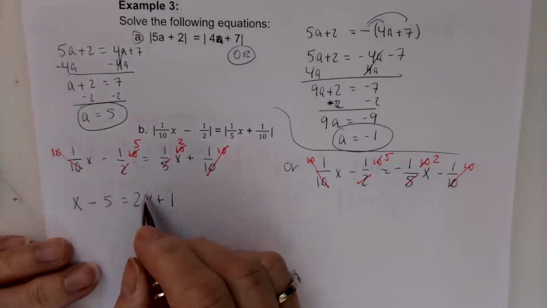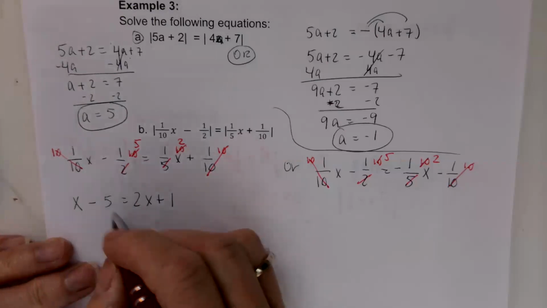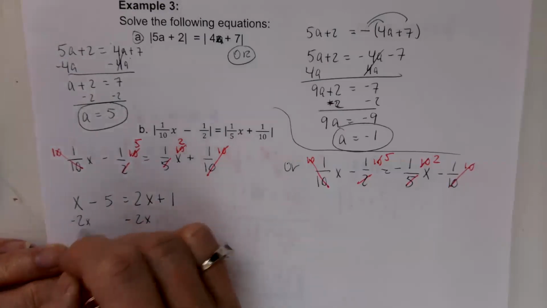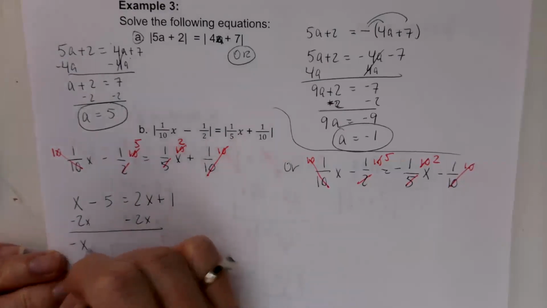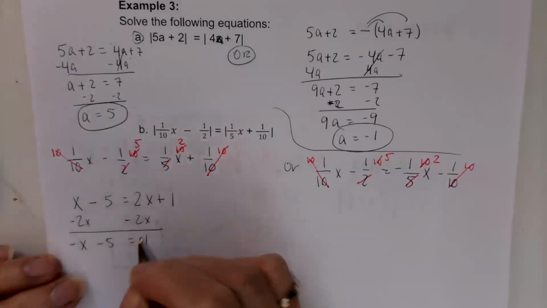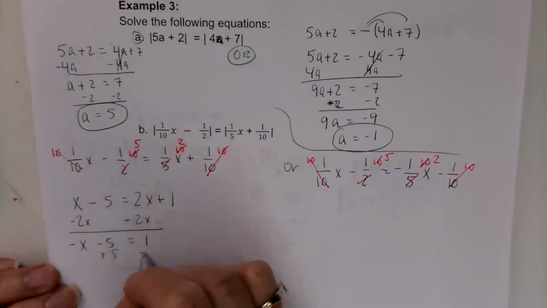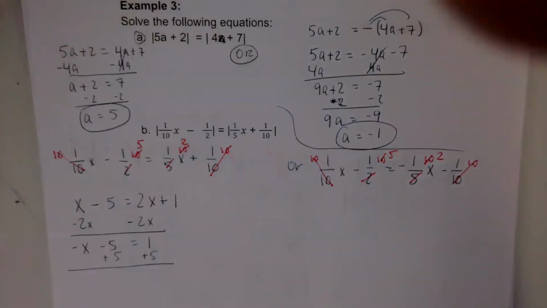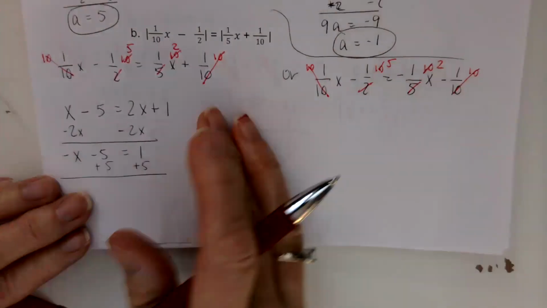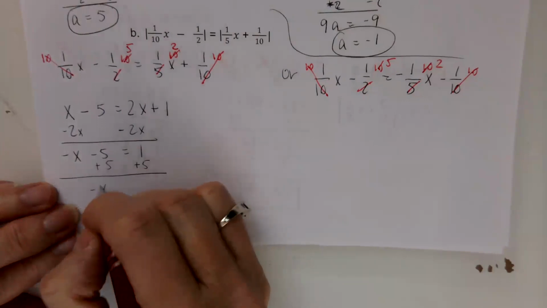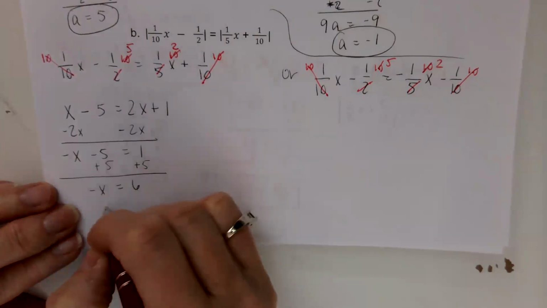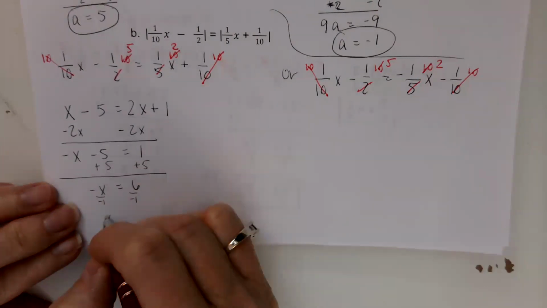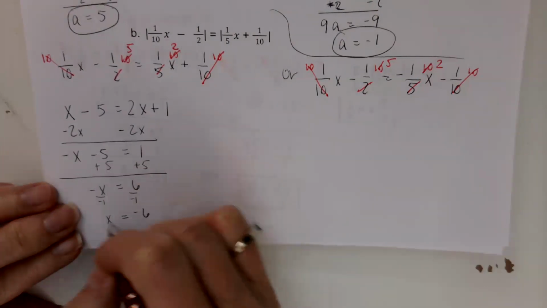I'm going to move my x's to the left. So I have a negative x minus 5 equals 1. I actually created a new step for myself by doing that, so you could move the x's to the right. I have a negative x equals 6. And then if we divide by a negative 1, we find out that x equals a negative 6.